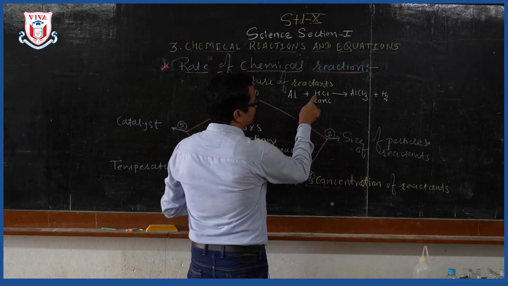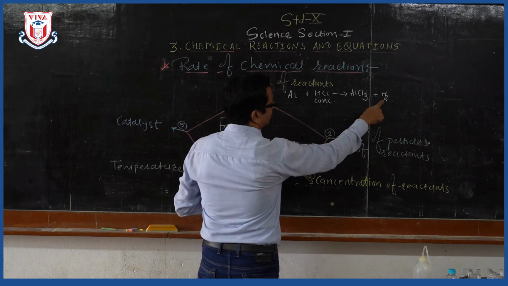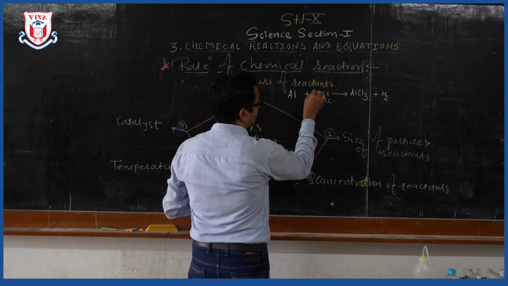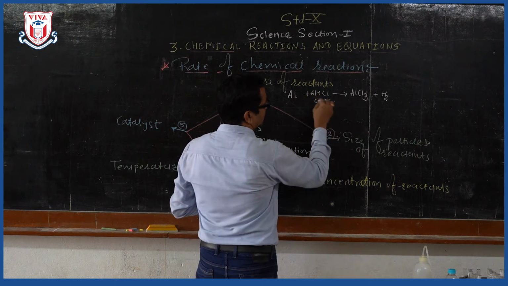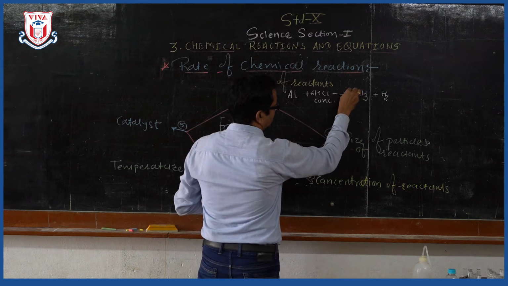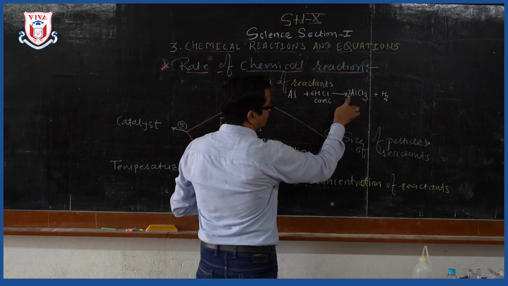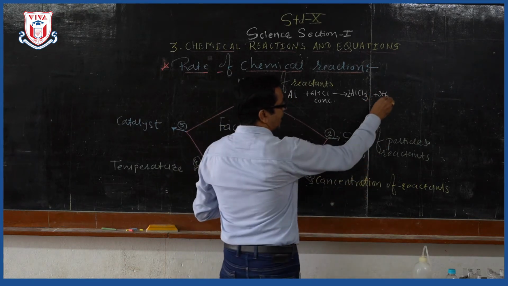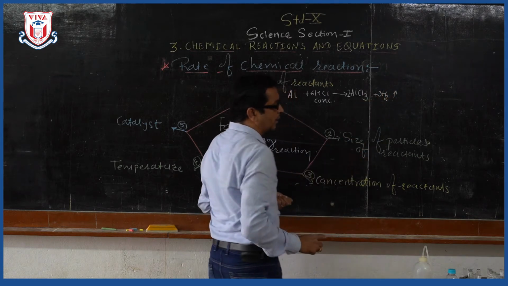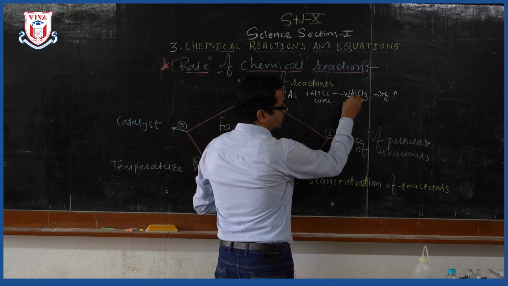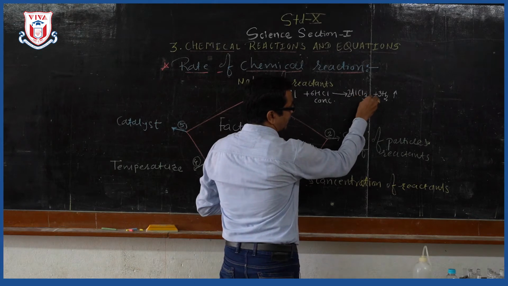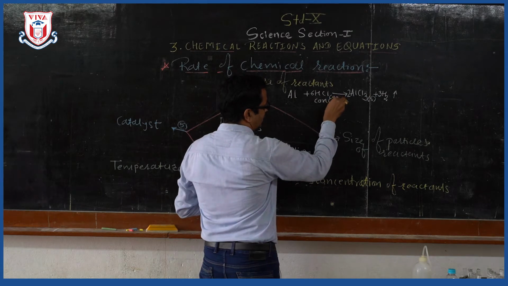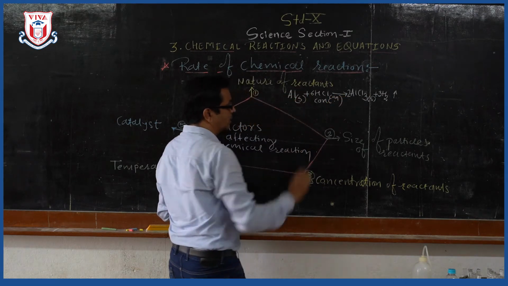Then it will become 3 hydrogen, but here we have 2 hydrogen, so definitely you will multiply this by 6. 2, 3 2s are 6, and hydrogen will be 3. Hydrogen is a gaseous state, so I will put an upward arrow. Aluminium chloride is a solid, HCl is aqueous, and aluminium is a solid.